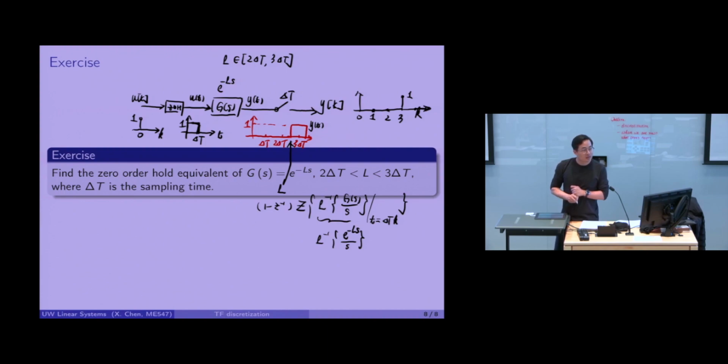And what's interesting here is that no matter what value L is, as long as L is between 2 delta t and 3 delta t, your square wave may move around in between here, but what you get in the sampled output will always be the same.